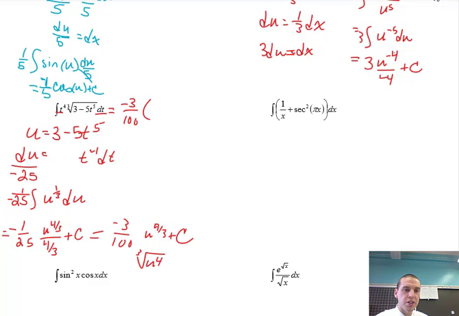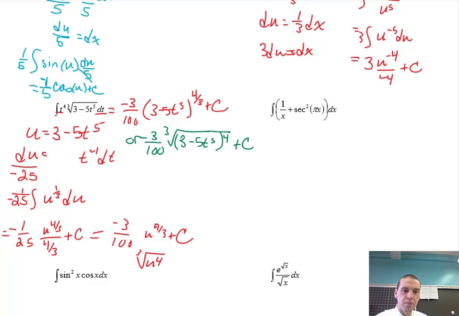So our u was 3 minus 5t to the 5th raised to the 4/3 plus c, or we can rewrite it as -3 over 100 of the cubed root of 3 minus 5t to the 5th, all raised to the 4th plus c. So either way will work. Key here, just knowing you had to divide by -25 and then multiply by the reciprocal when you divide by a fraction. So that's that one.